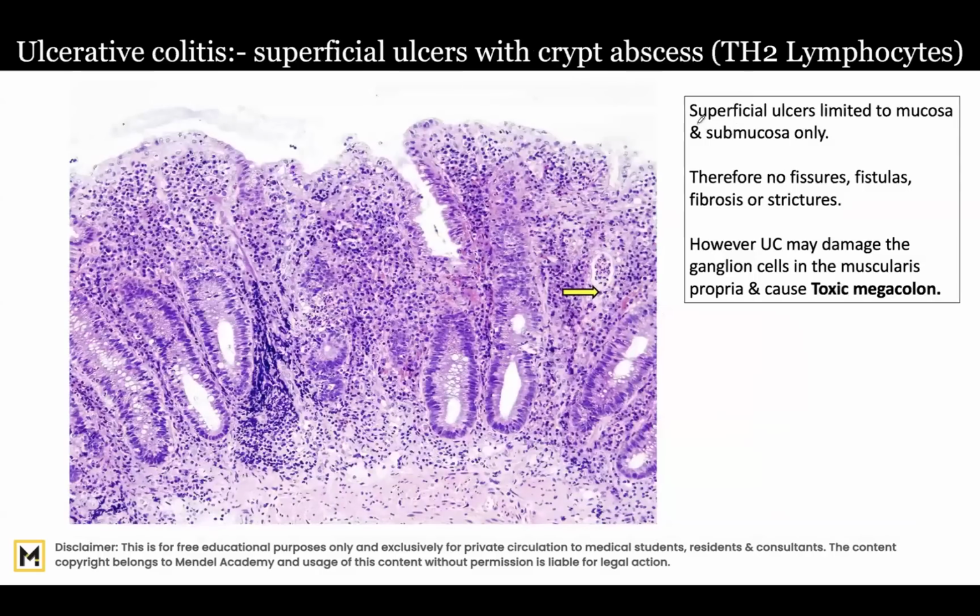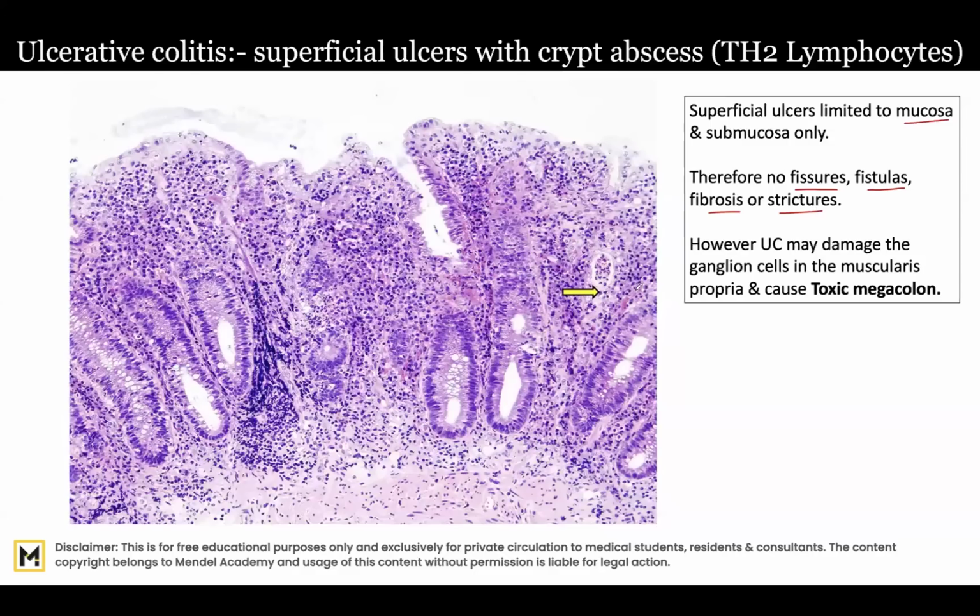So these are superficial ulcers limited to the mucosa and submucosa only. Therefore, unless it penetrates the muscle coats, there can be no fissures or fistulas, fibrosis, or strictures. So what that means is ulcerative colitis will not manifest in the form of fistulas or fissures or fibrosis or strictures, as against Crohn disease.